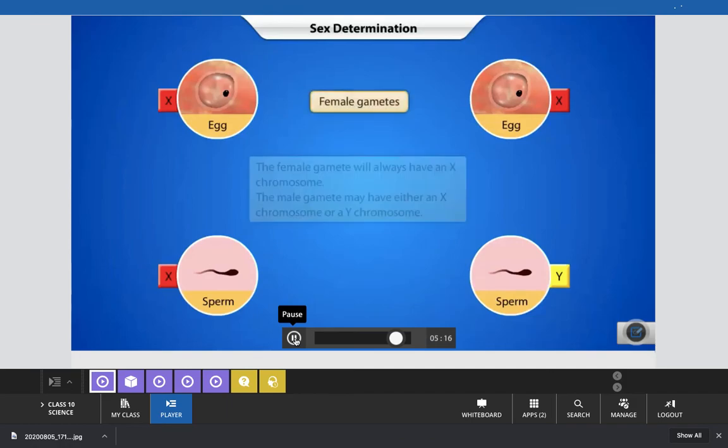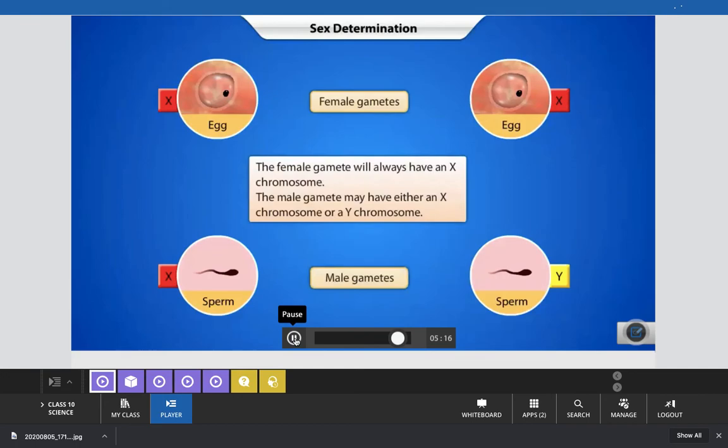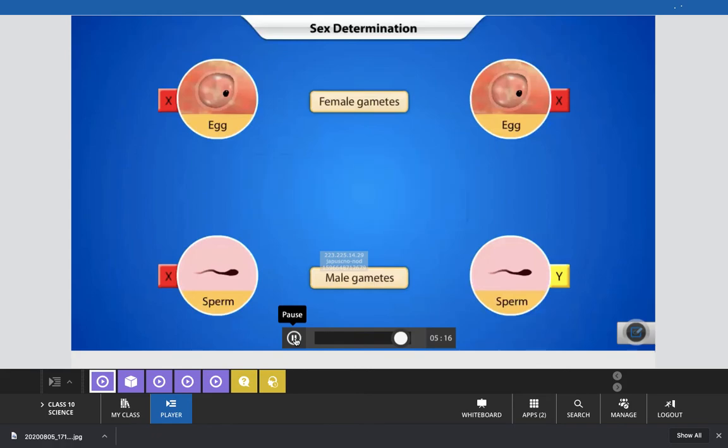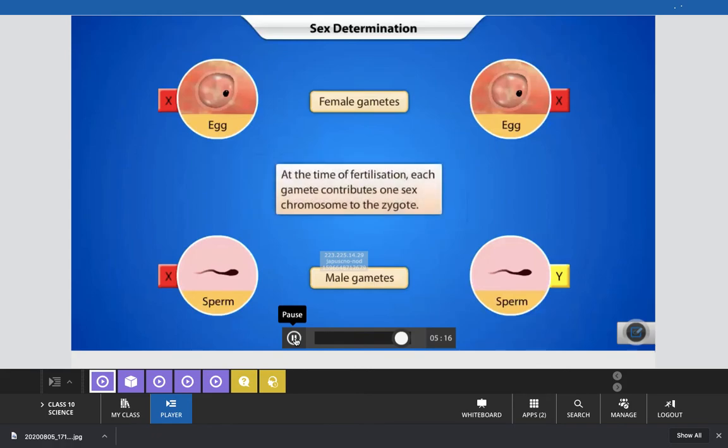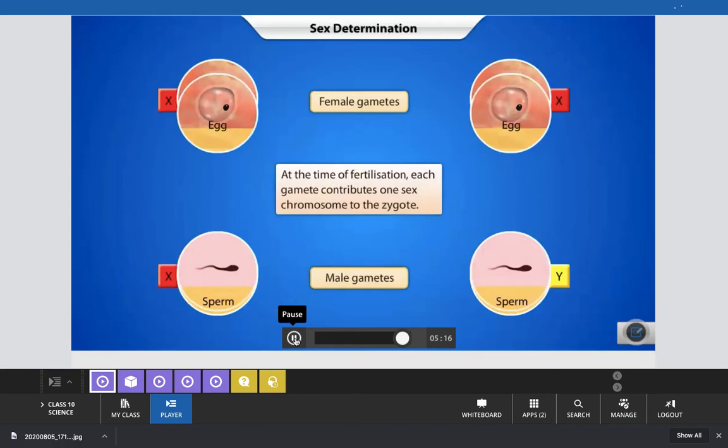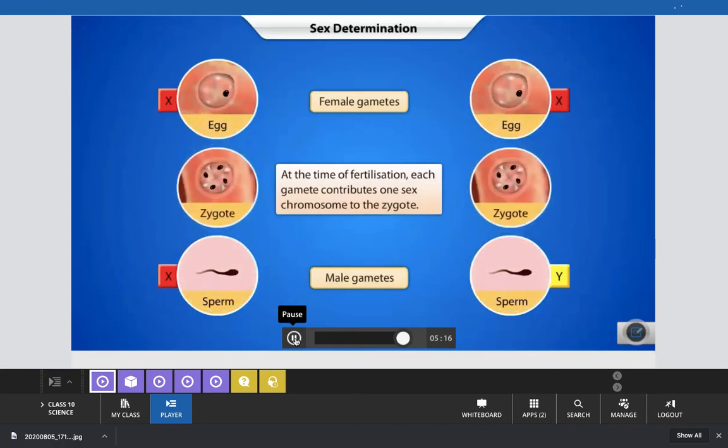So, while the female gamete will always have an X chromosome, the male gamete may have either an X chromosome or a Y chromosome. During fertilization, each gamete contributes one sex chromosome to the zygote. The egg cell with X chromosome may receive either an X chromosome or a Y chromosome from the sperm cell.